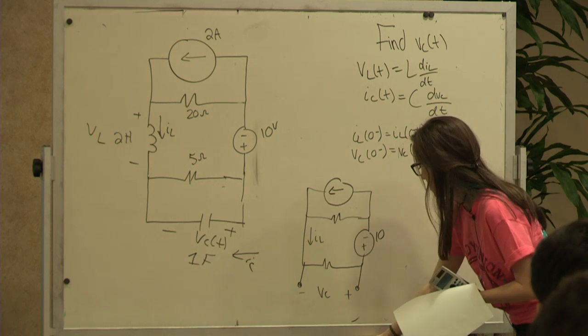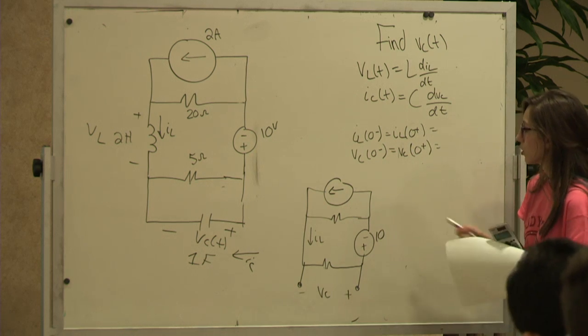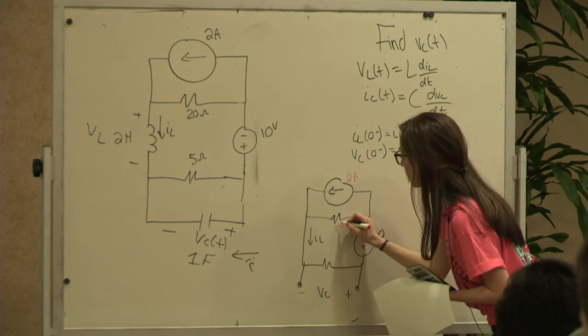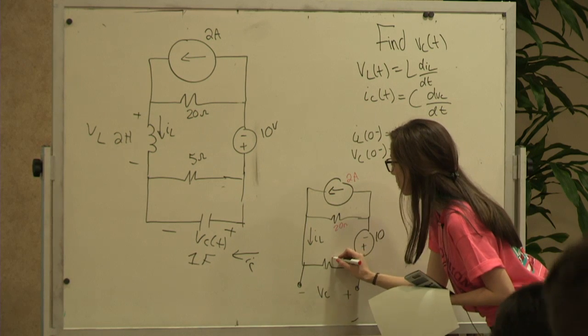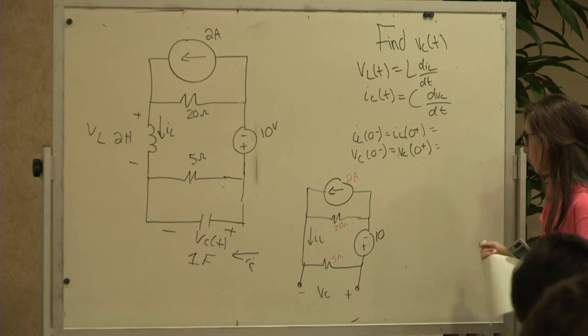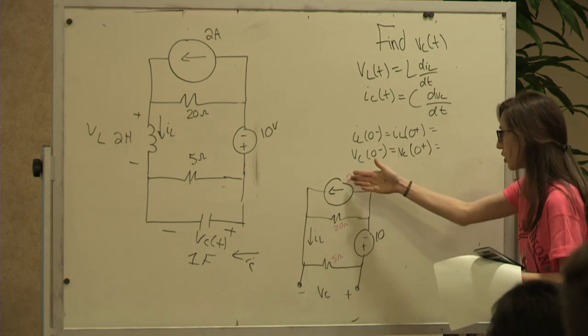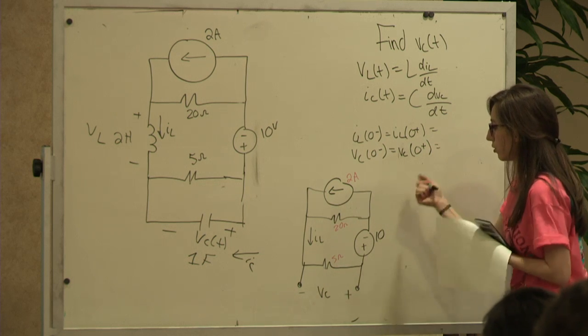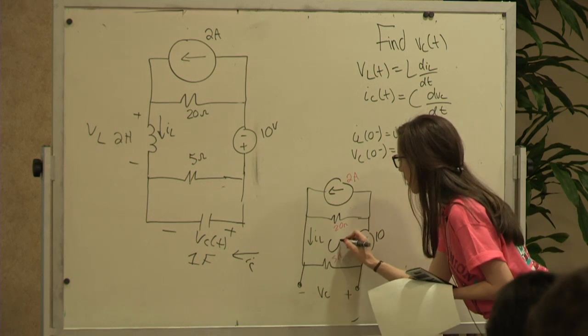So this is 2, 10 volt. This is 20 ohm. And this is 5 ohm. And we'll just do a mesh because we already know one of the meshes. This is 2. So we just want to know IL, and IL will have it going this way.